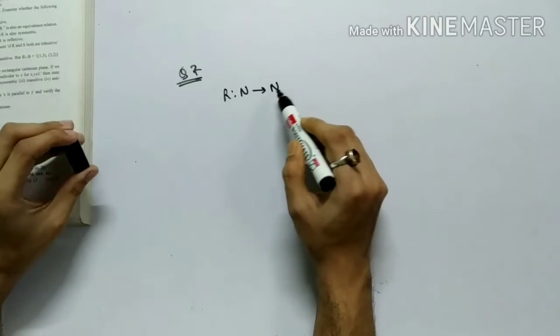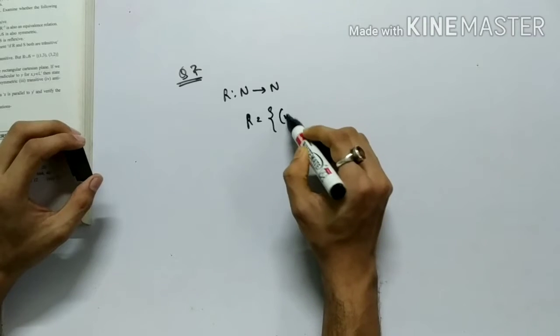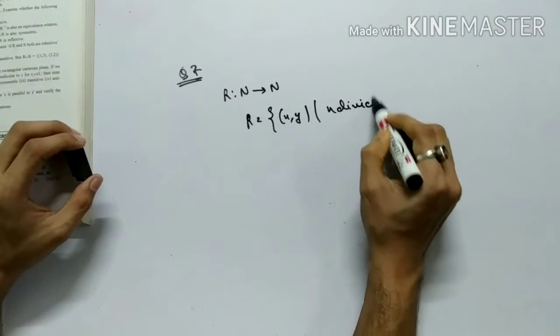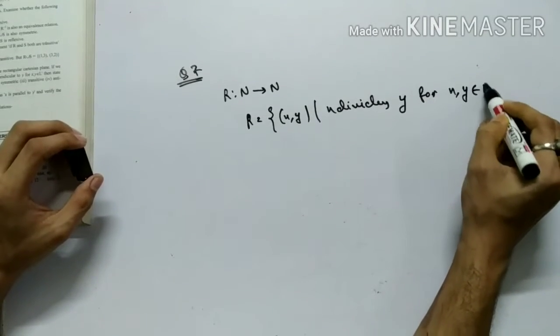R is a relation on the set of natural numbers, and R equals {(x, y) such that x divides y, for x, y belonging to N}.